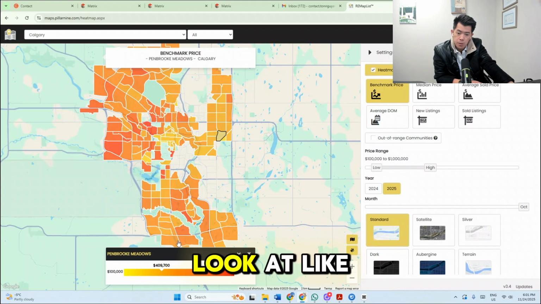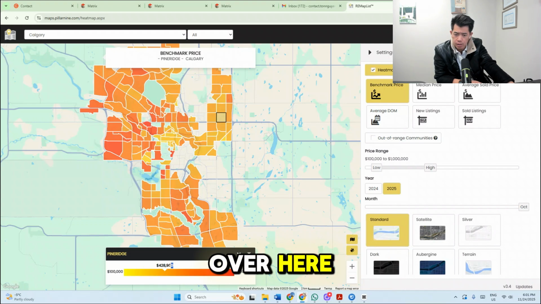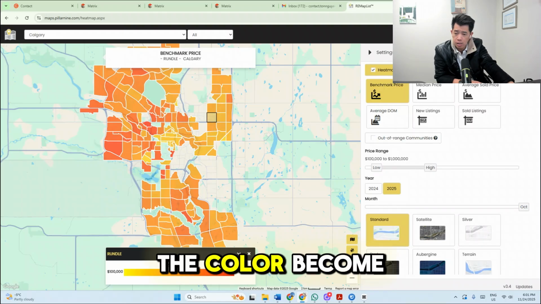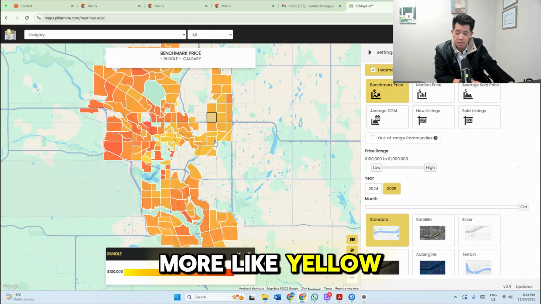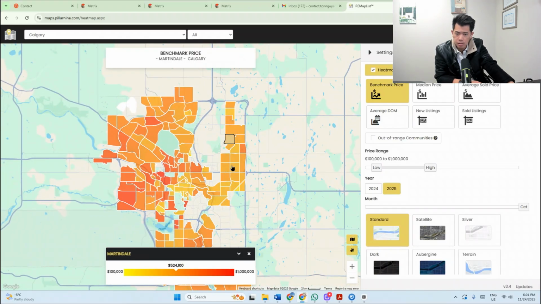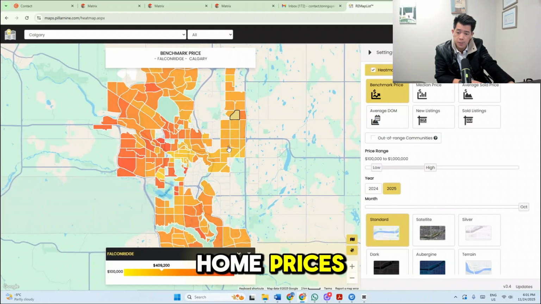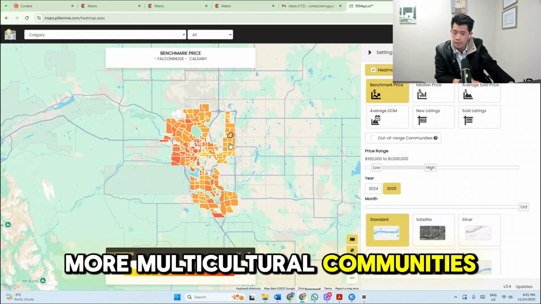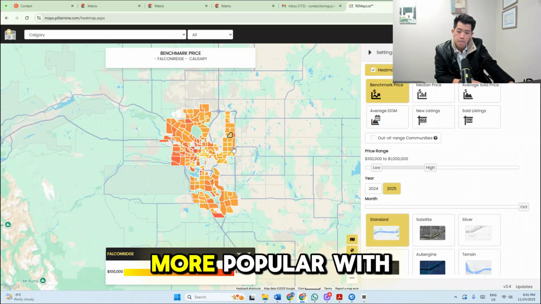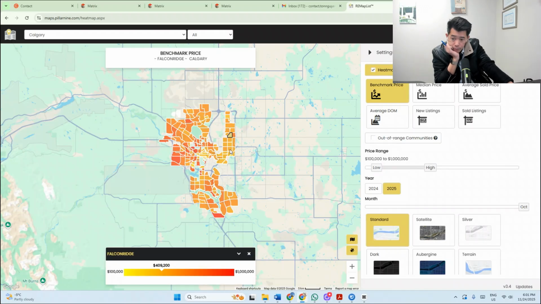So when you look toward east or northeast area over here, you will notice the color becomes more yellow and light orange. This area typically has more affordable home prices, more multicultural communities, and is more popular with a lot of newcomers.